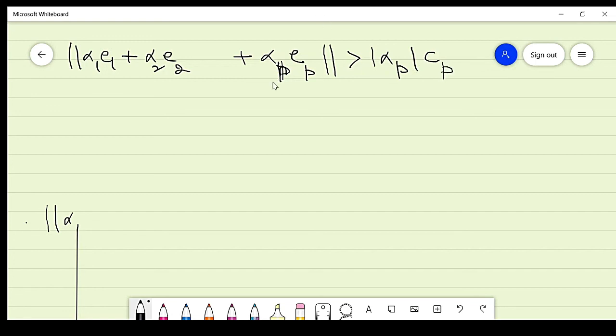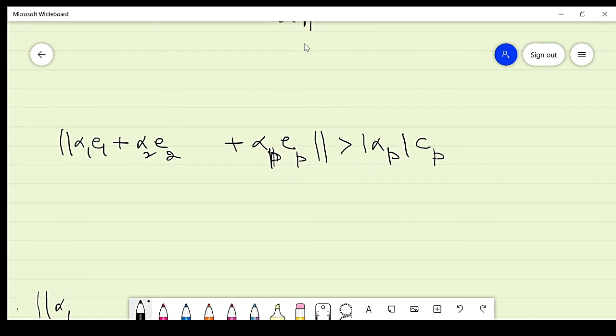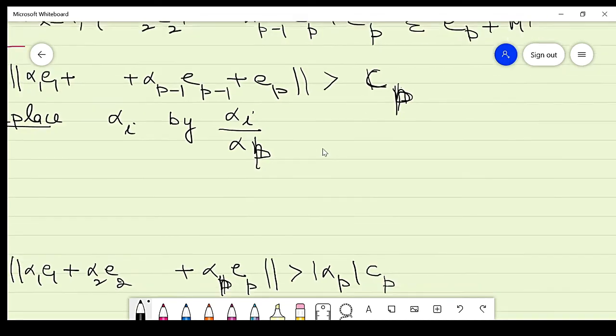So just correct the previous part, that is not alpha n, that is alpha P. So here alpha P, here Cp. So correct it, because we are taking P vectors, right? So here it is Cp.